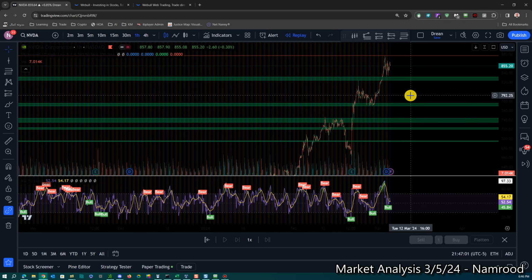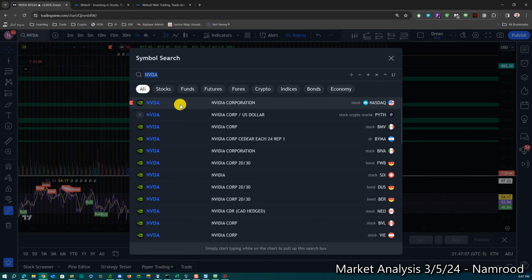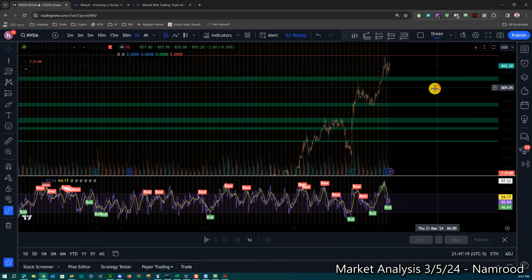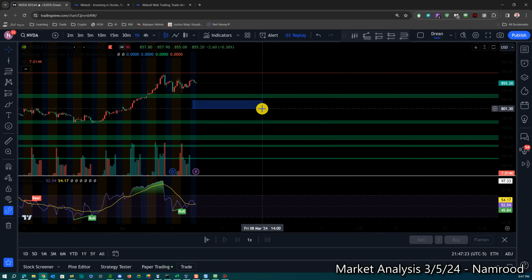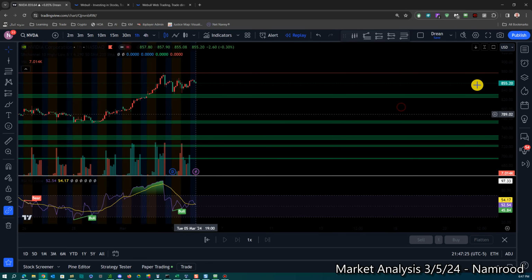Nvidia is looking actually good. See, this support is holding, and we want to go. And the reason I don't trade Nvidia a lot is that the contracts are very expensive most of the time. So typically, I don't find that people are going to buy their calls.